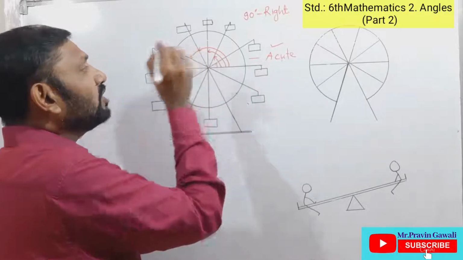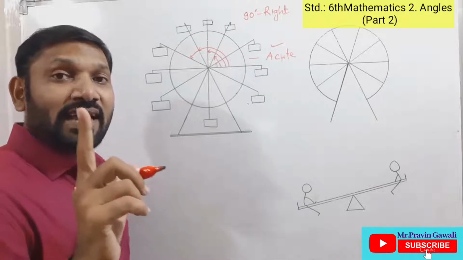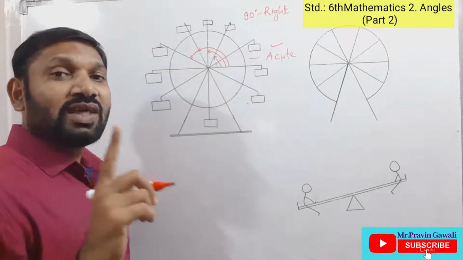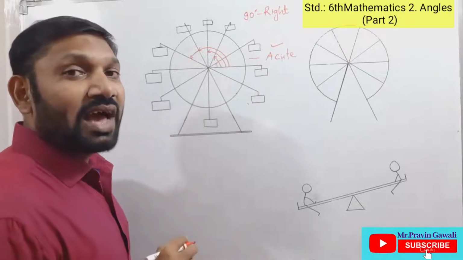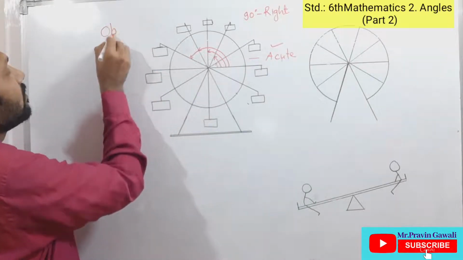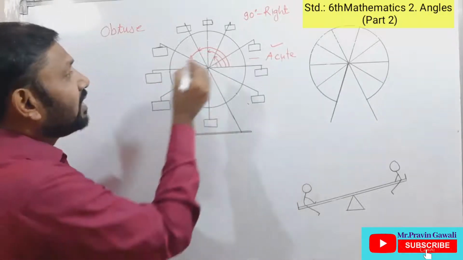Both angles are less than 180 degrees and more than 90 degrees, and we know the angle which is more than 90 degrees and less than 180 degrees is called an obtuse angle. So this is an obtuse angle, and this is an obtuse angle.